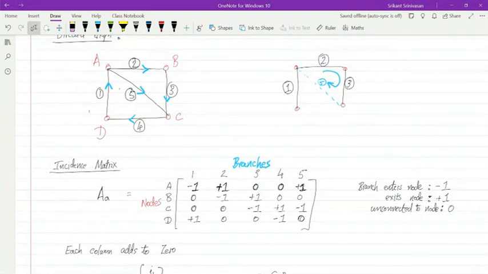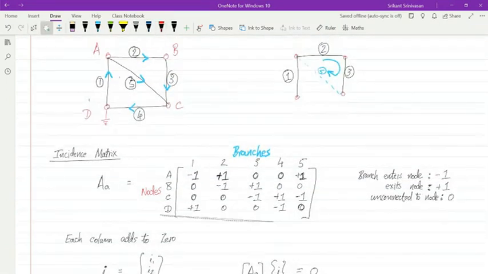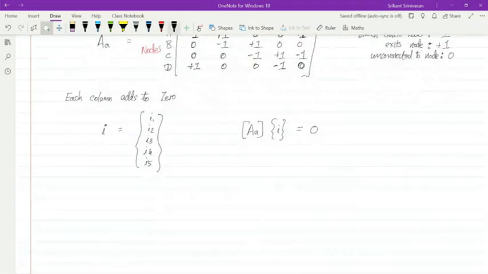You always have to put the ground first. So you can choose some node as ground. Let's say I take D as the ground node. Then D becomes a reference value, and you can eliminate row D from the incidence matrix. So this is called a reduced incidence matrix.